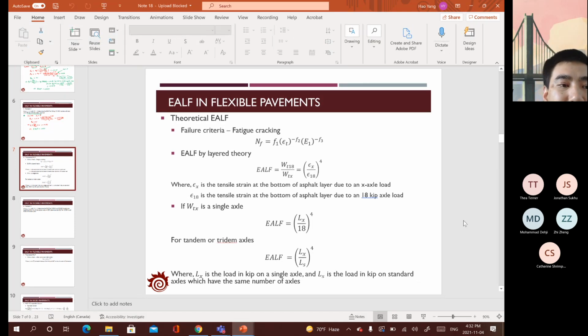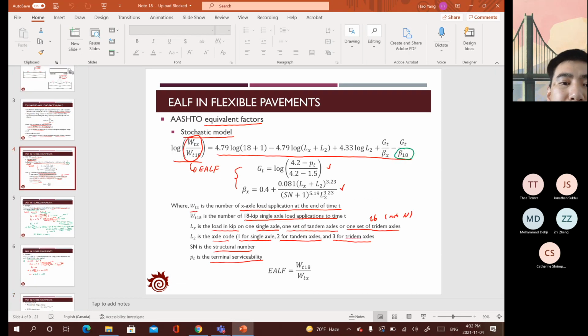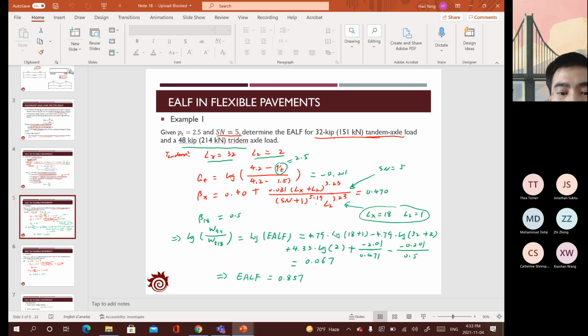EALF could be estimated based on the stochastic model equation defined by Ashton. With that, you have the features of the pavement, you have the loadings from the axles, and then we can estimate the equivalent axial load factor.